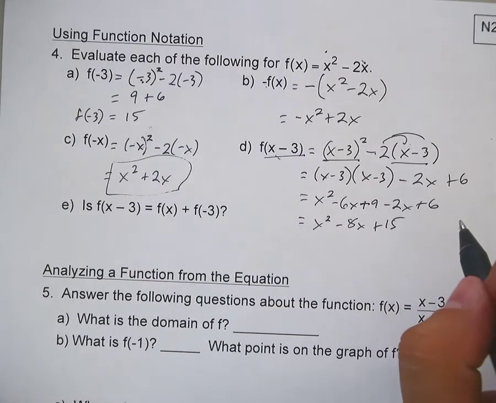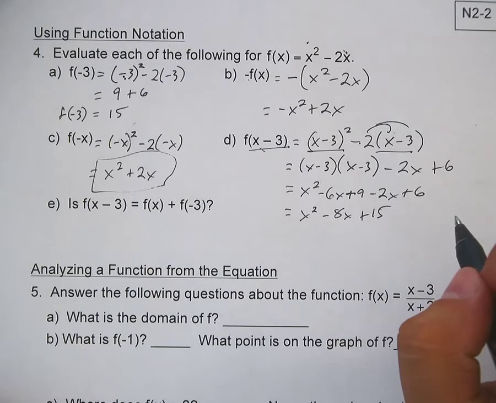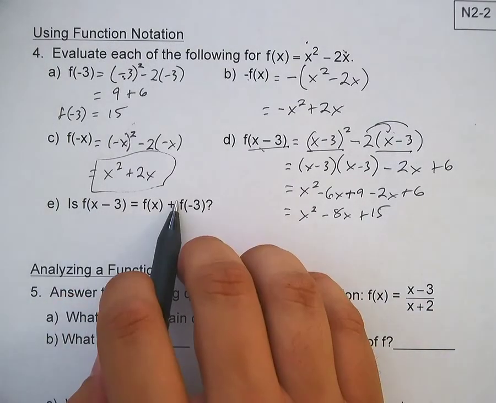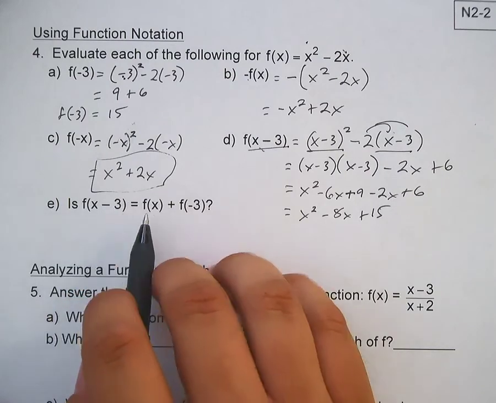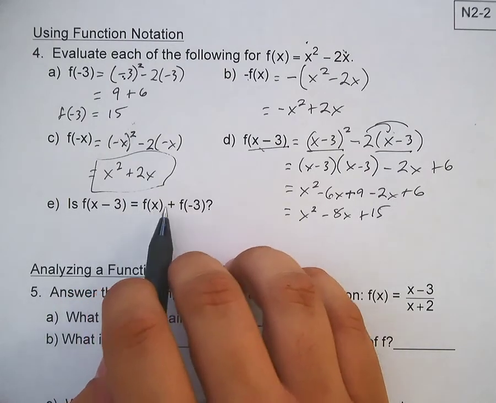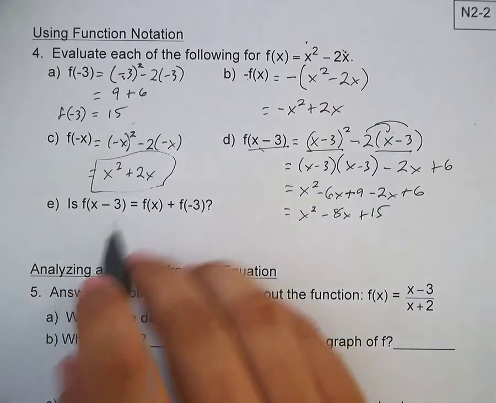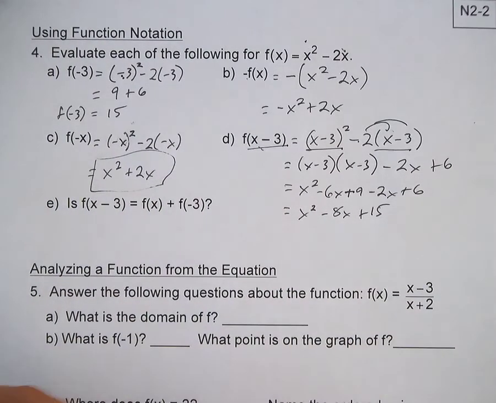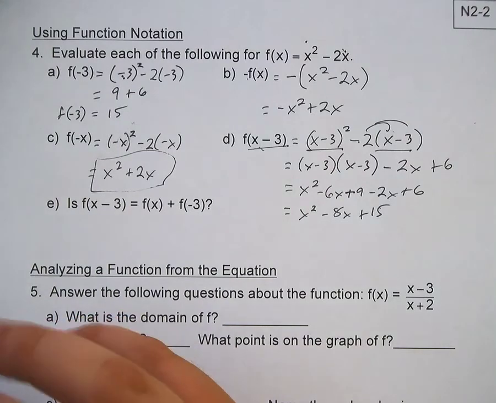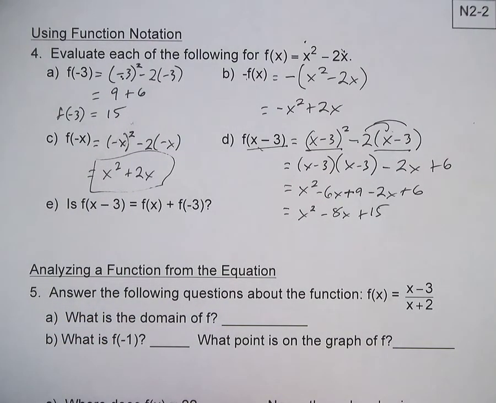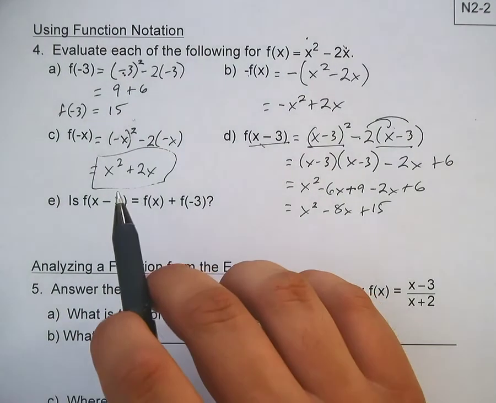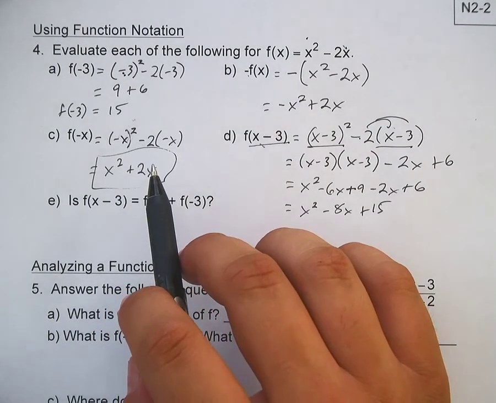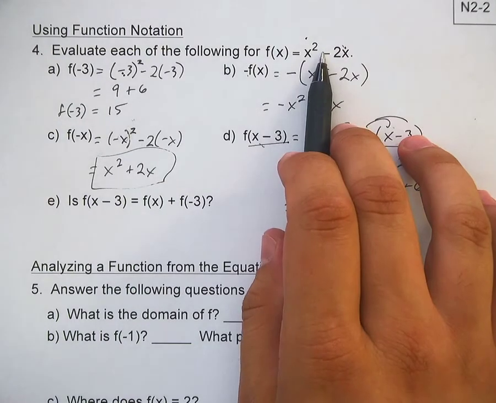All right? So what I want to ask here is, is this the same thing as this? Is f of x minus 3 the same thing as f of x plus f of negative 3? In other words, can you distribute entire functions by themselves? Okay, so f of x is this.